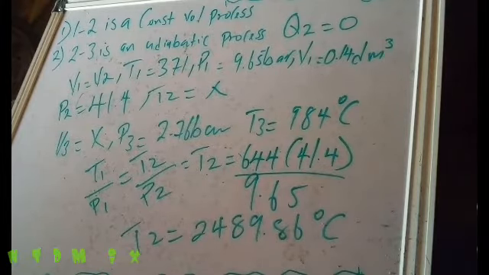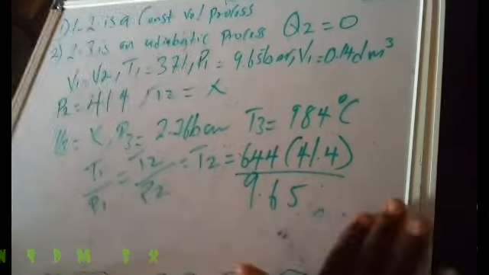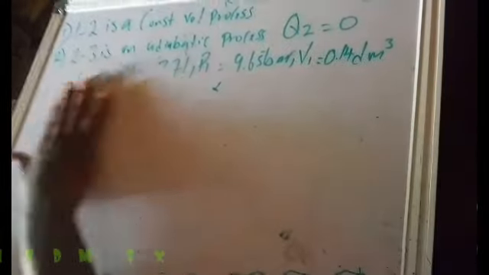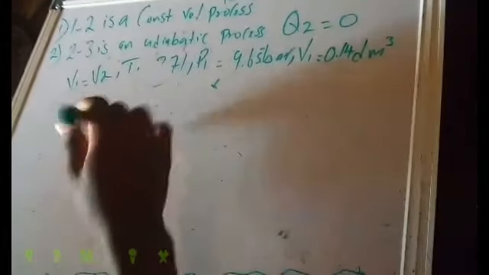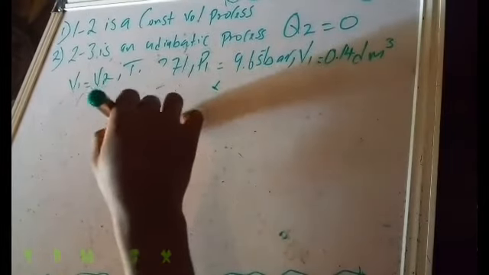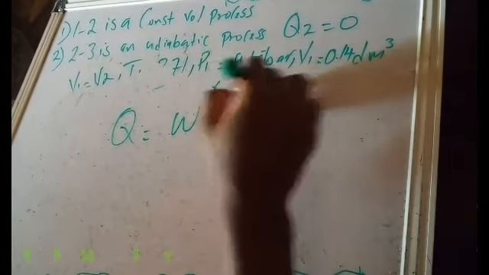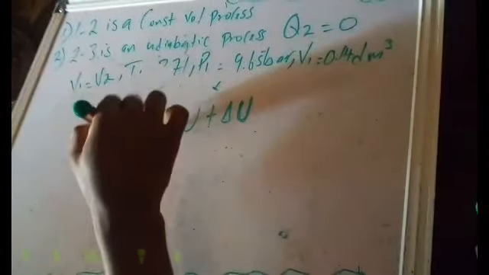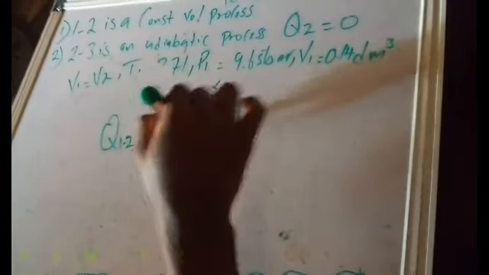Now the second one requires that we get our heat transfer during each process, process 1 to 2 and process 2 to 3. For process 1 to 2, if you remember the general first law, Q is equal to W plus change in U. So Q12 equals work done from 1 to 2 plus change in U from 1 to 2.